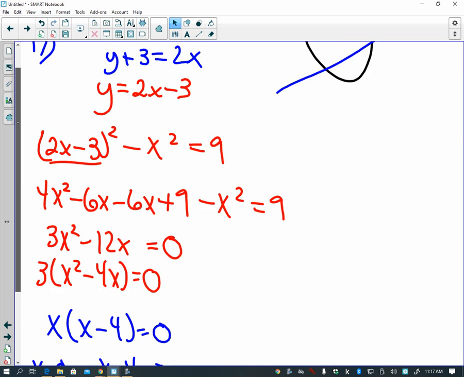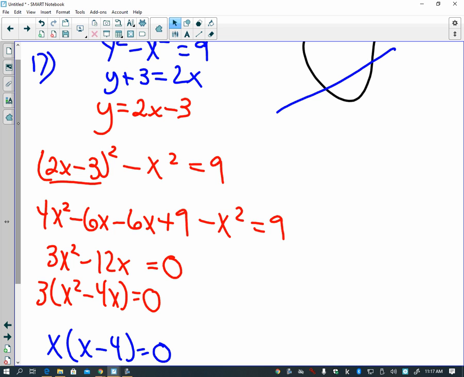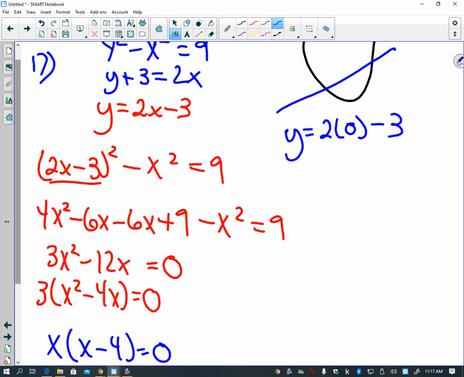Coming back up to our linear equation, what does y equal when x equals 0? That's 2 times 0 minus 3, so y equals negative 3 when x equals 0. My first coordinate is (0, negative 3).